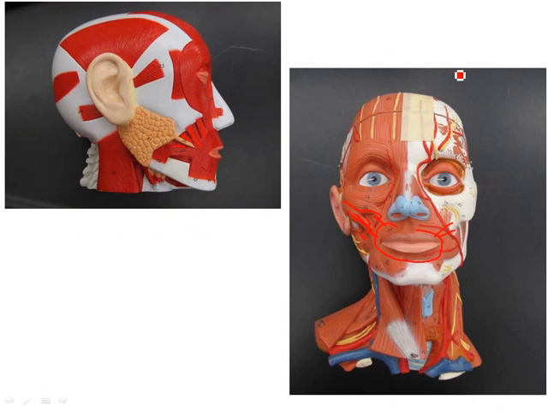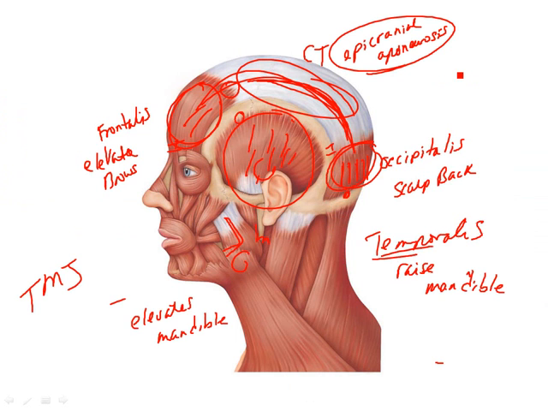The next muscle is called the orbicularis oculi. Whenever you see the word orbicularis, that means it's basically a round muscle, a sphincter muscle, and oculi means eye or ocular cavity.